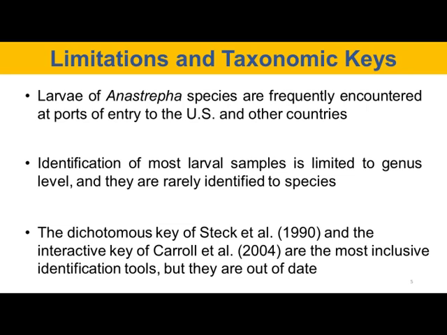But I have some problems there, because 3 species in the fraterculus group, Anastrepha suspensa, the Anastrepha fraterculus complex, and Anastrepha obliqua, overlap and it's difficult to distinguish them. The other problem with this key was that 2 species in the striata group are difficult to distinguish. These 2 are Anastrepha striata and Anastrepha bistrigata.